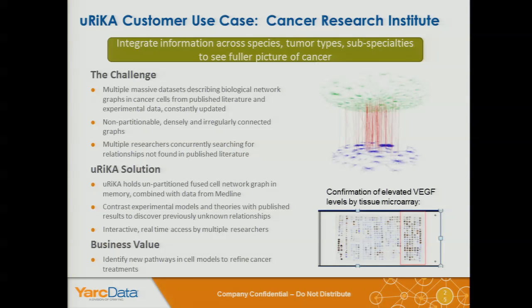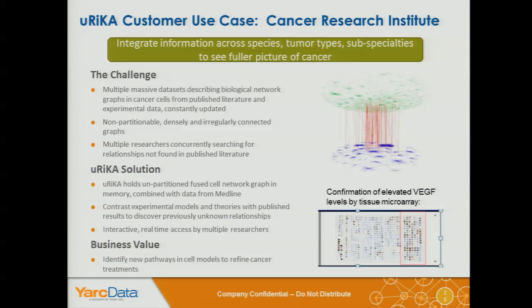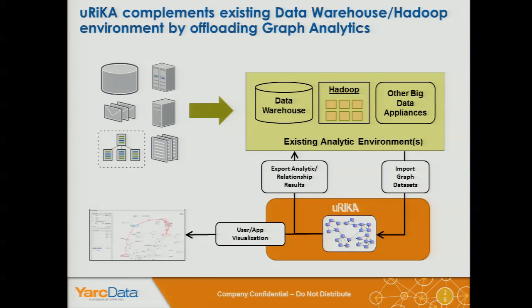So this is a very non-partitionable graph. And the other life science use cases that we've seen display similar characteristics. There aren't that many genes and proteins in the world, but there are an awful lot of relationships between them. So this is very good. This is cancer, but similar patterns of query can be used for other things in the life science field.